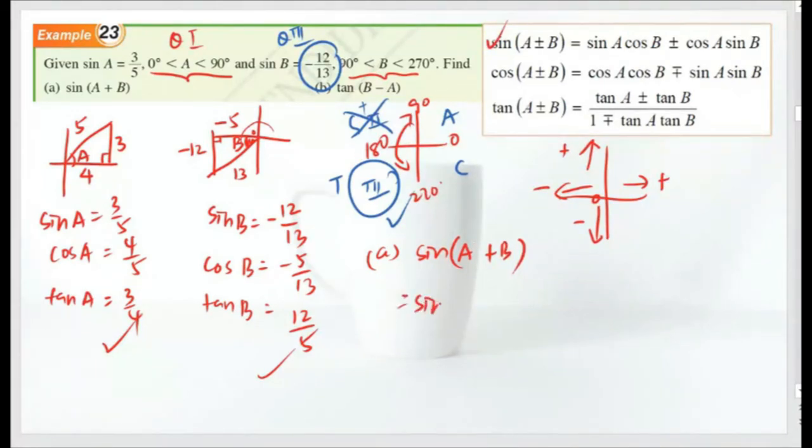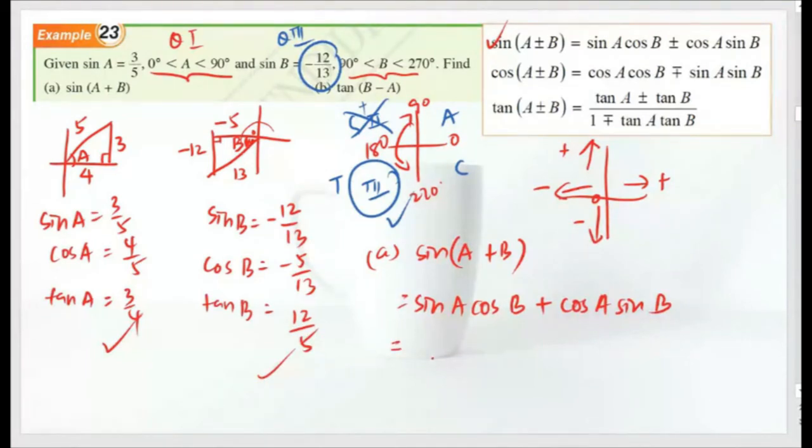So it's sine A cos B plus cos A sine B. Sine A is 3/5, sine B is negative 12/13, cos A is 4/5, and cos B is negative 5/13. Just substitute inside.